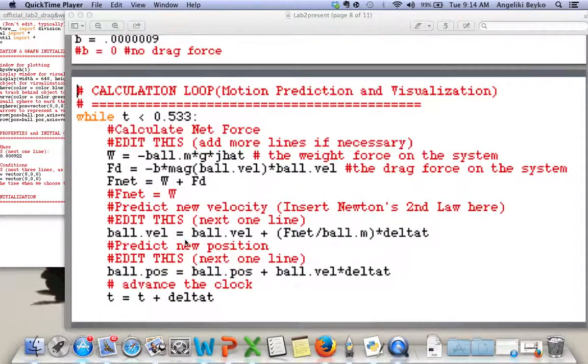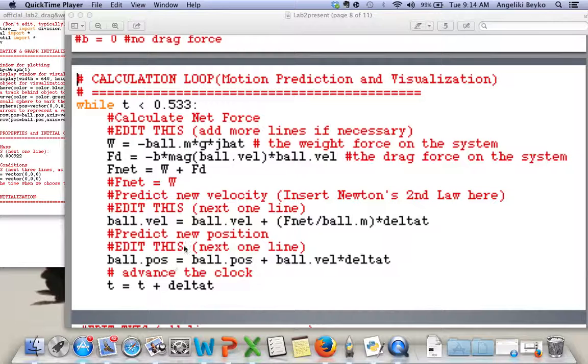This is the while loop calculating Newton's second law and updating position, and this is incorporating the weight force and the drag force. And again, this is F net, the total pushes and pulls in the surroundings. Here we're including weight and drag force.